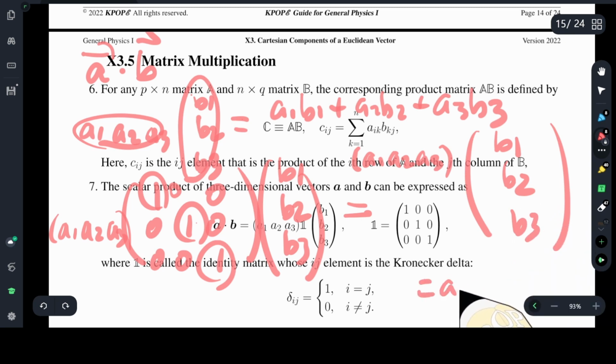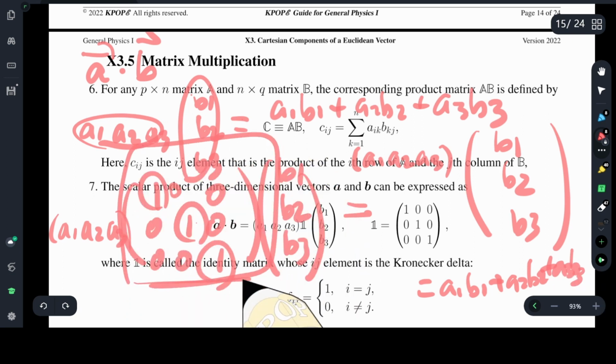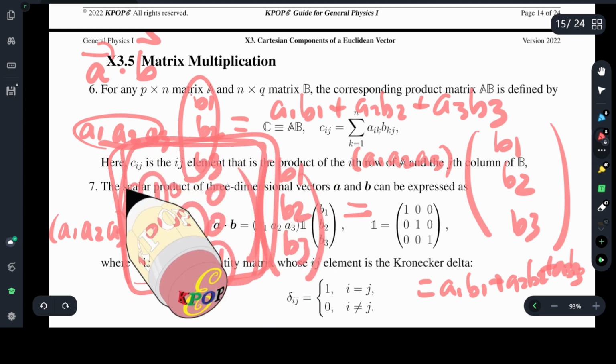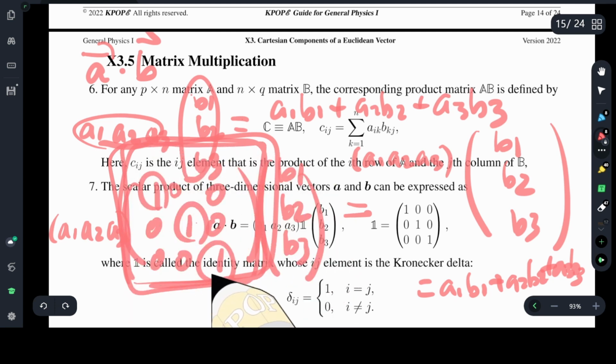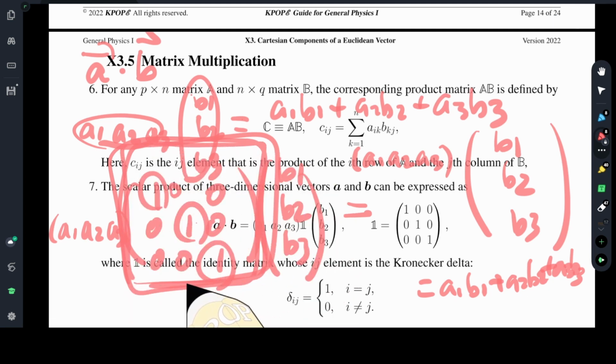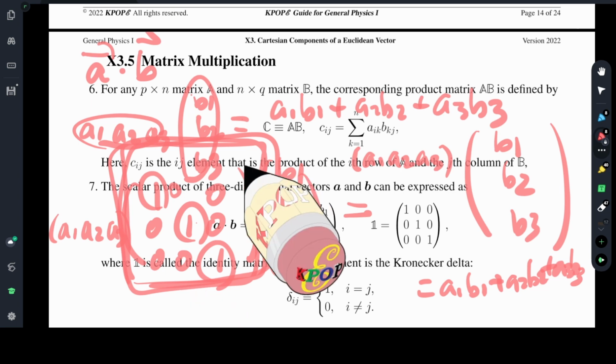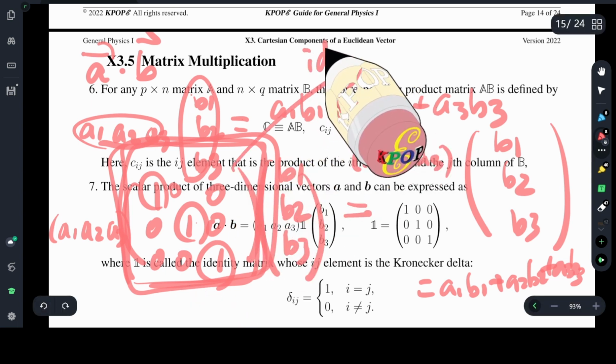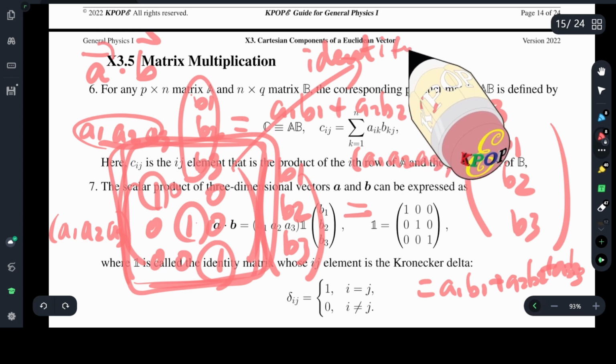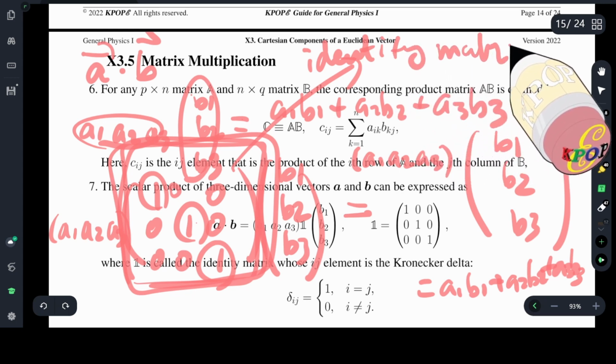So it is A1 B1, A2 B2, and A3 B3. So when this very simple matrix is inserted into the multiplication, the result doesn't change at all. So this is the identity matrix.